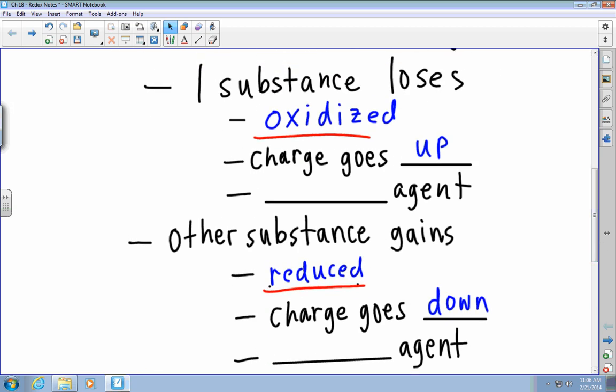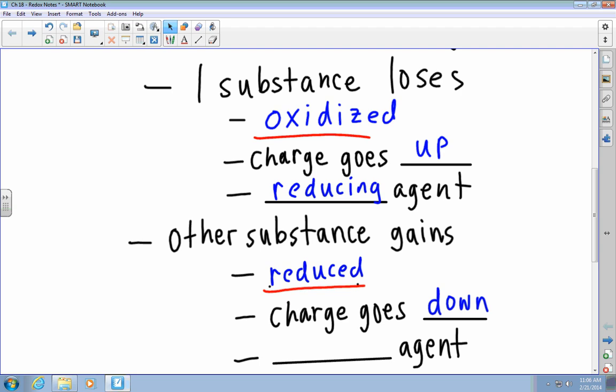Now, here's something which seems a little backwards: the substance that's oxidized is called the reducing agent. The reason for that is that the substance that is oxidized is reducing the other reactant.